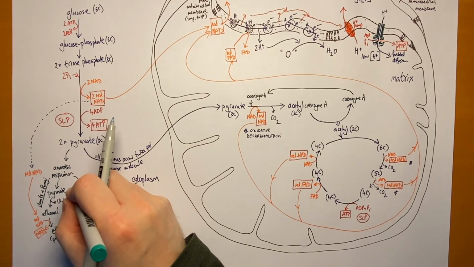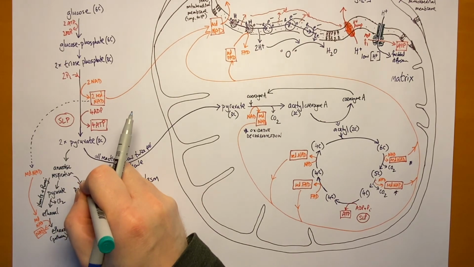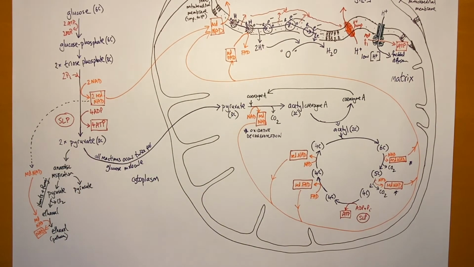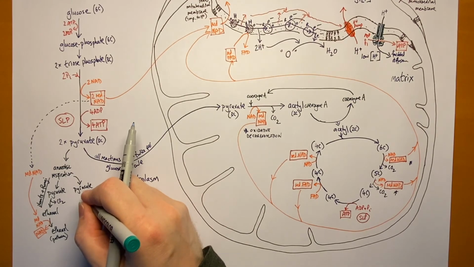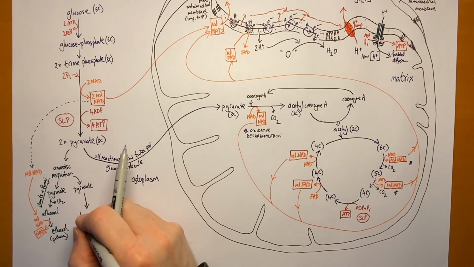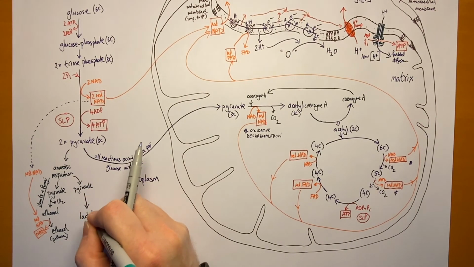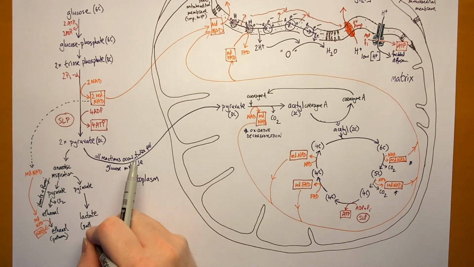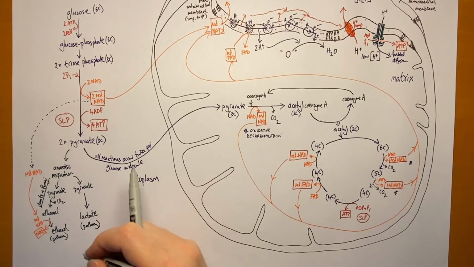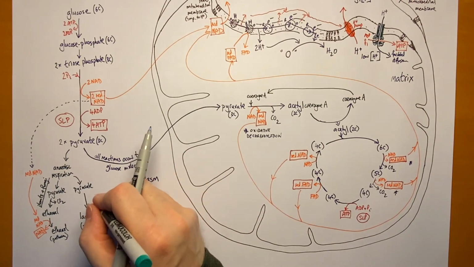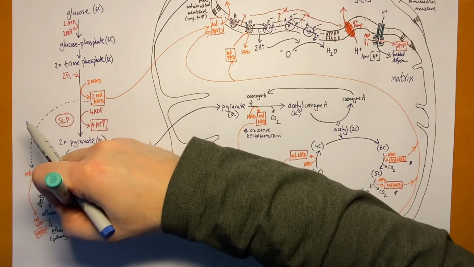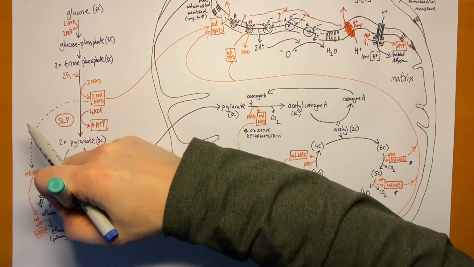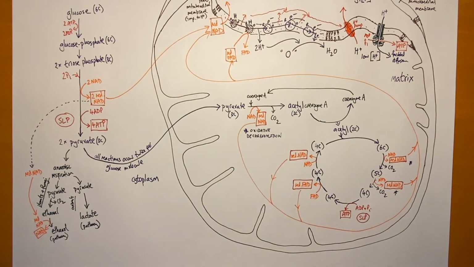Okay, and then another way is pyruvate can be converted straight away into a substance called lactate. So we call that the lactate pathway, and that takes place in animals only.